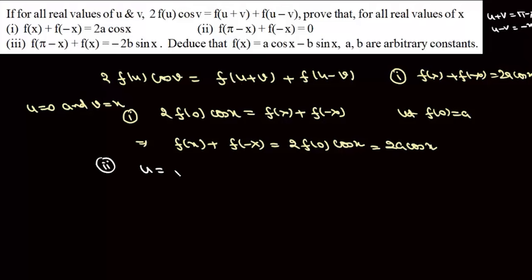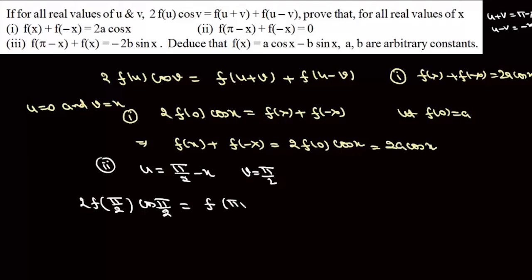So we'll choose u as pi/2 - x and we'll take v as pi/2. So it'll be 2f(pi/2) cos(pi/2). Now this is f(u + v), so it'll be simply f(pi - x) + f(u - v), and that'll be f(-x), and cos 90 is 0. So from here we can write f(pi - x) + f(-x) will be 0, which is your second part.